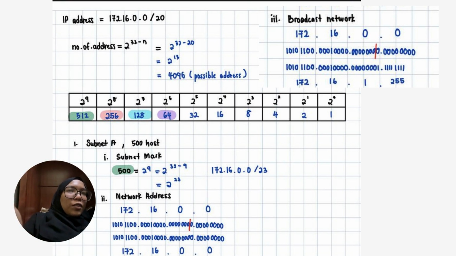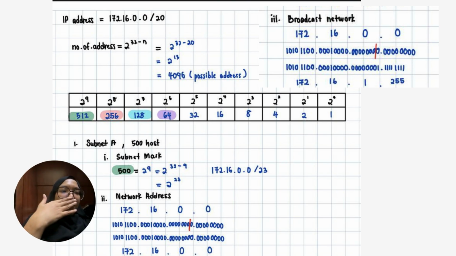For the usable IP addresses, the first usable IP address we take from the network address, which is 172.16.0.0, but we also need to add 1. So the first usable IP address will be 172.16.0.1.